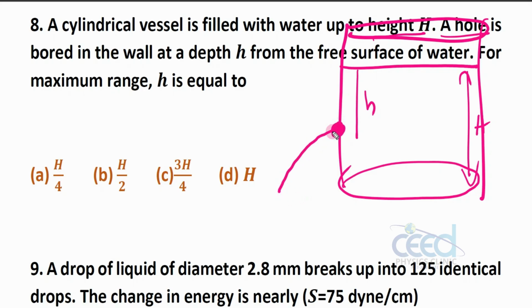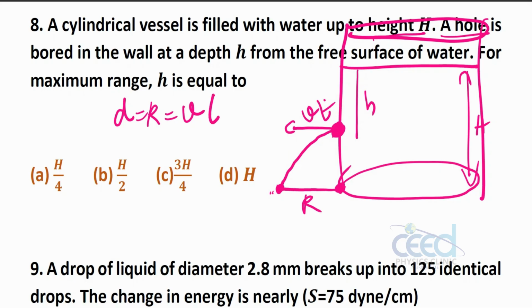Then what is the range? Range means from the tank base, what distance the water falls, that is the range. Suppose it comes out with velocity v, then this horizontal distance is the range: R is equal to horizontal velocity into the time taken to reach here, that is v into t. But it falls this much height, what is that height?